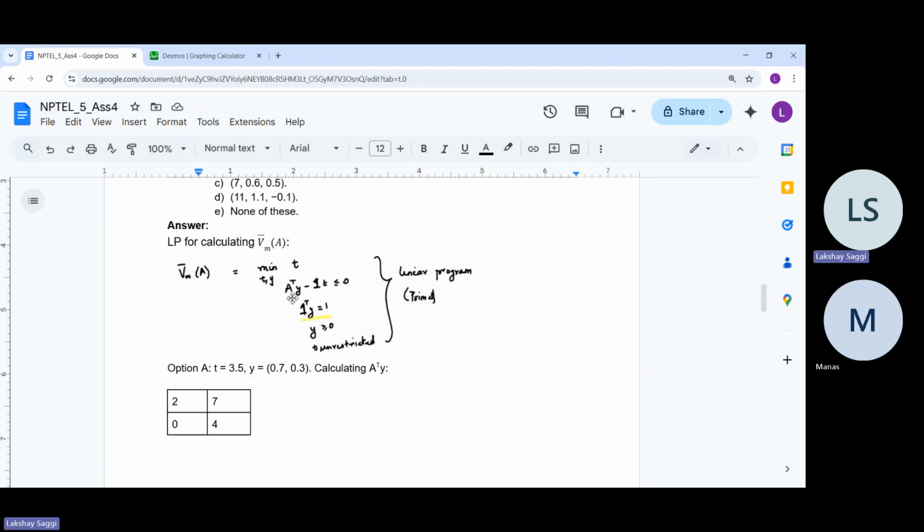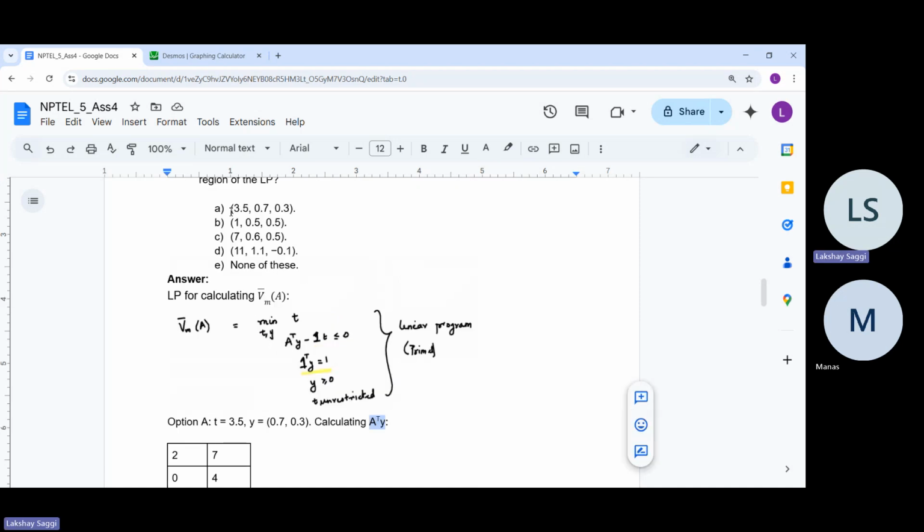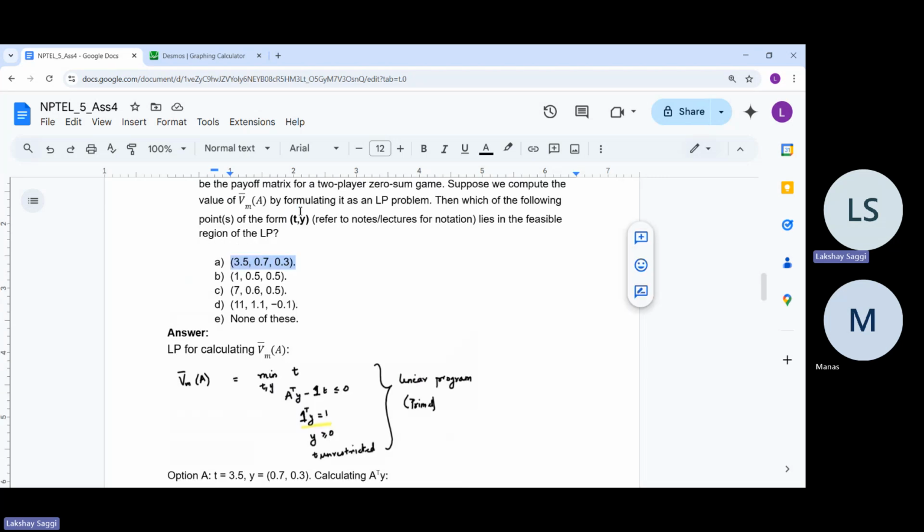So to find out whether all the entries of the matrix A transpose Y are indeed less than or equal to T, we first need to calculate the value of A transpose Y, right? So we'll do it option by option. The first option gives T comma Y as 3.5, comma 0.7, comma 0.3. Note that T is just a scalar value.